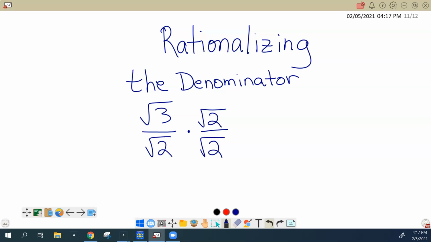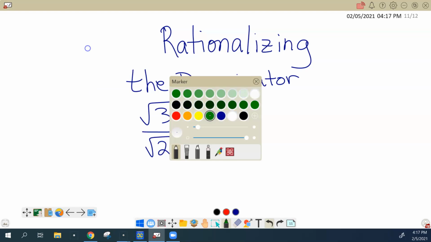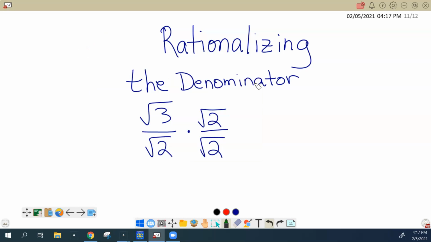Very similar to what you do when you are trying to get a common denominator when you're adding 2/3 plus 5/2. So you have to multiply this fraction by 2/2 and this fraction by 3/3.